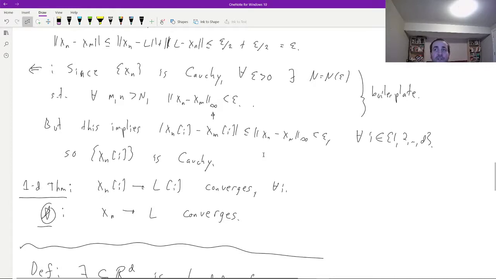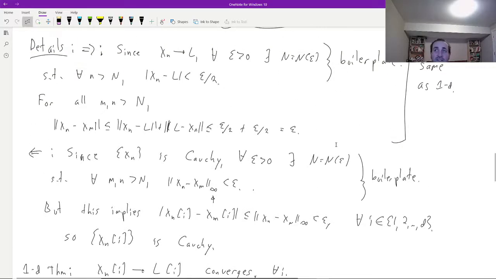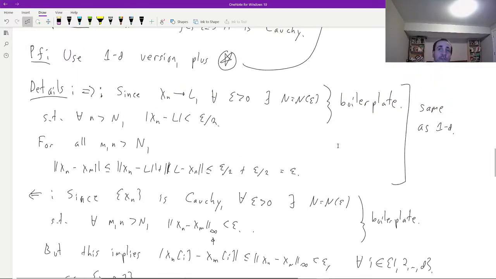So at this point, we've related the big sequence, the sequence of vectors, down to the sequence of the individual components. And so now we can use the one-dimensional version of the theorem. Since x_n(i) is Cauchy, that means x_n(i) converges to something which I'll call L(i). And by using the star theorem, since all of the individual coordinates converge, that means that in fact the entire vector converges.